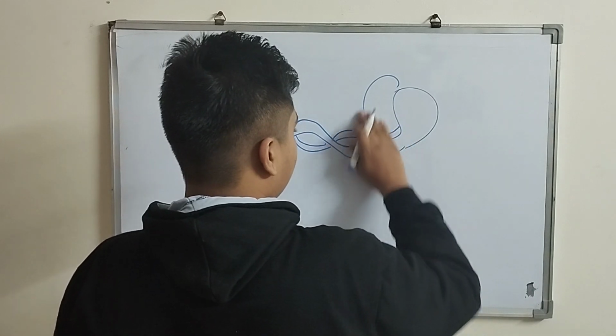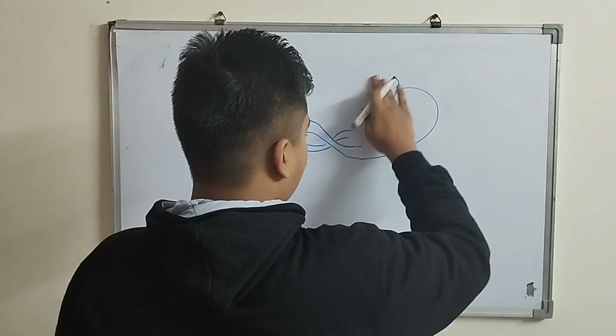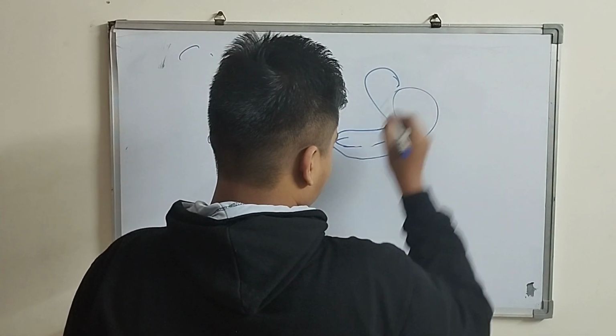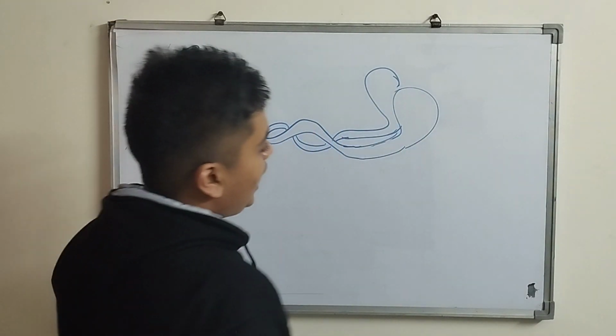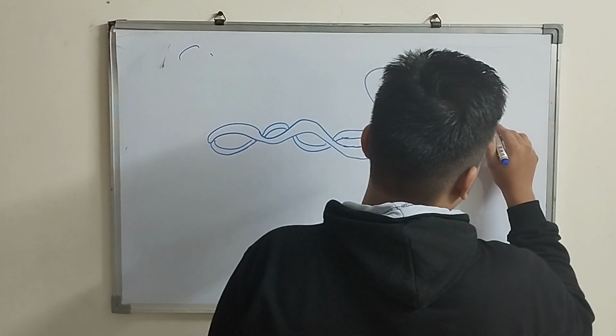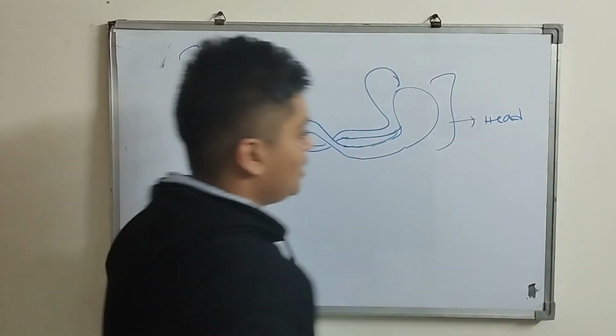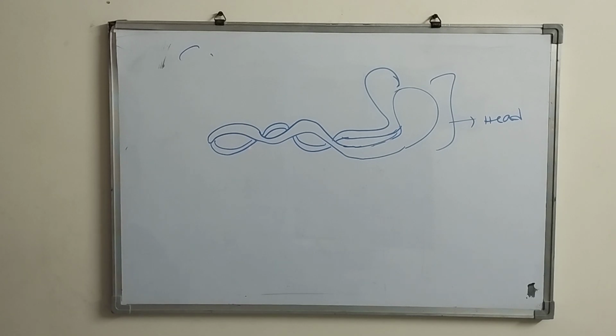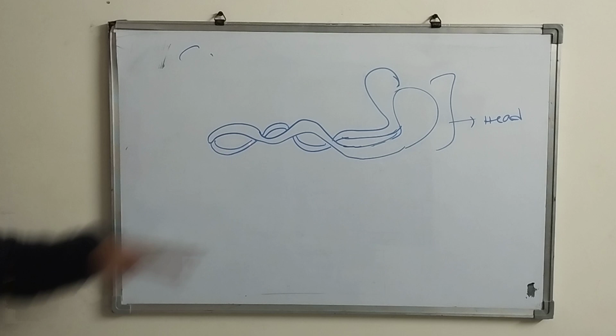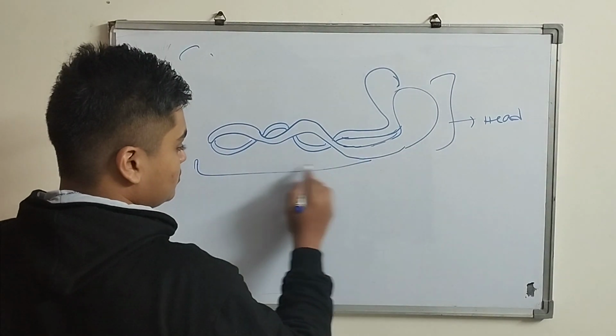This is the head part of the myosin, and this is the tail part of the myosin.